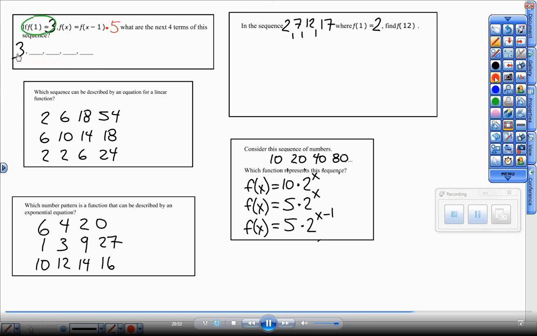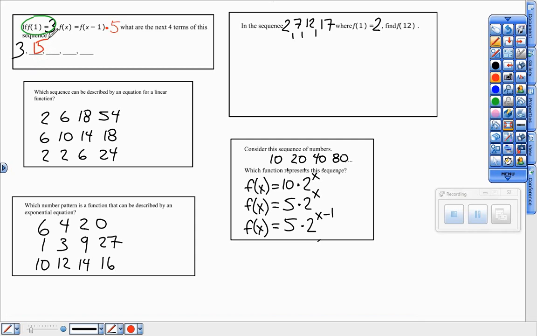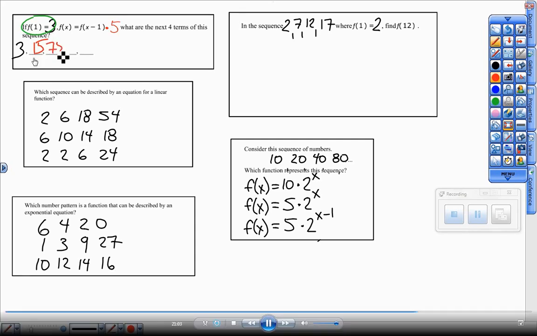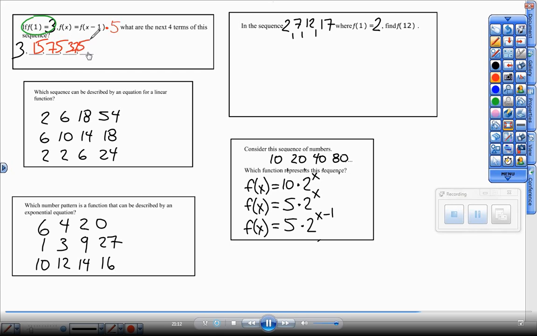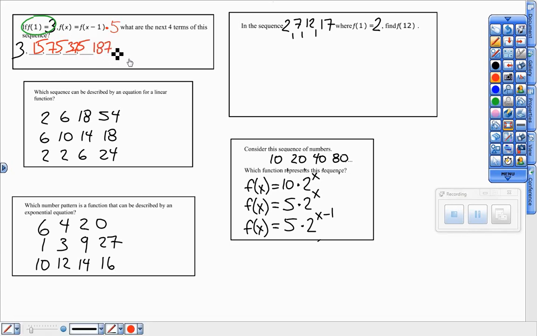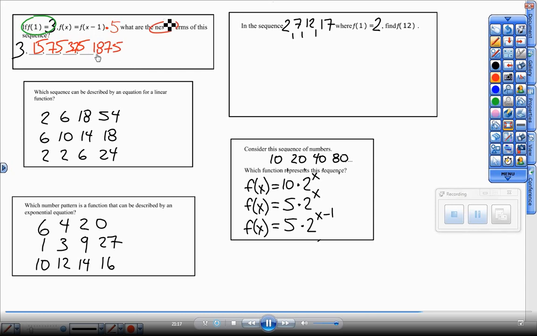So 3 times 5 is 15. 15 times 5 is 75. 75 times 5 is 375, and then 375 times 5 more gives me 1,875.